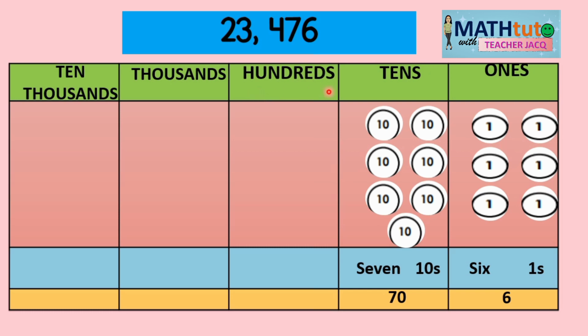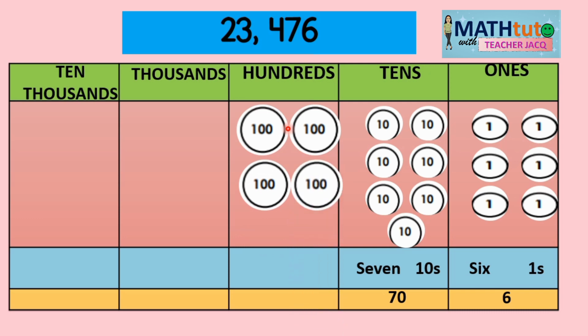Under the place value of hundreds, we have digit 4. Let us draw 4 discs. 1, 2, 3, 4. 4 hundreds. 4 times 100 is equal to 400.